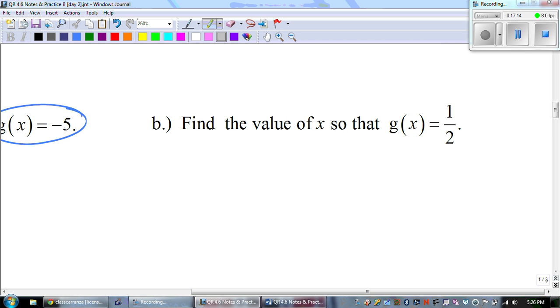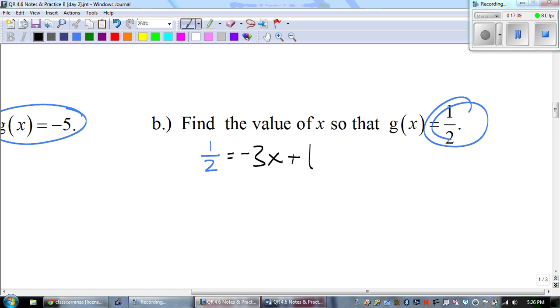All right, last one. Find the value of x so that g of x equals 1/2. So this 1/2 is going where the g of x goes. So that's 1/2 equals, and then make sure you write this down, the negative 3x plus 1.